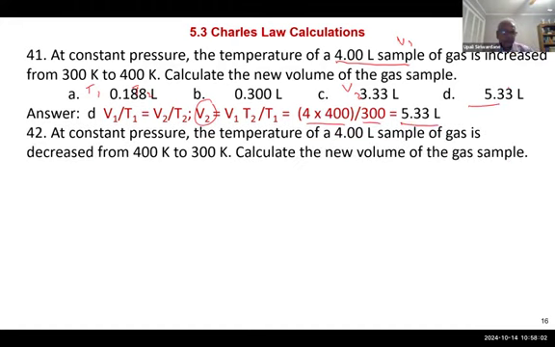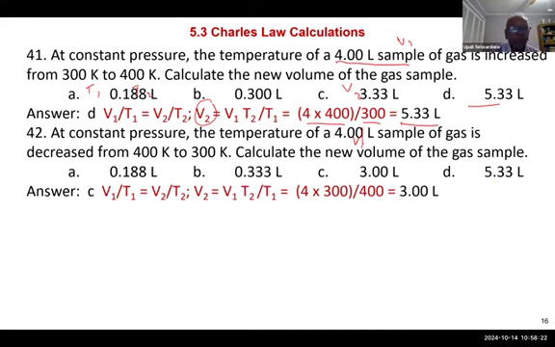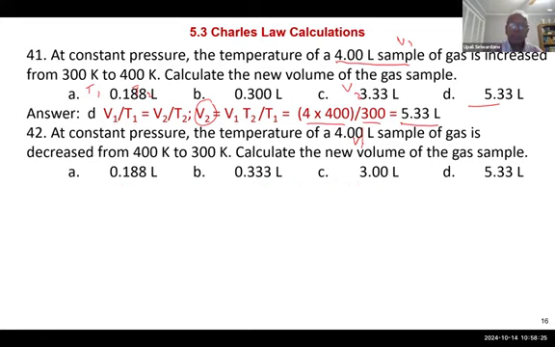Now these calculations are similar. V1. That's the same question, right? Let's see. At constant pressure, that's Charles' law. The volume of a gas decreases when the temperature decreases from, to, find the new volume of the gas.